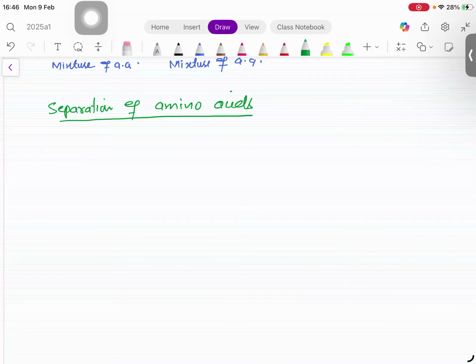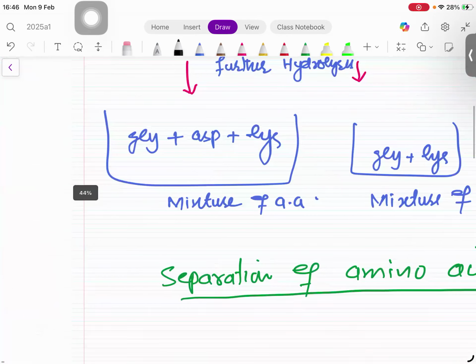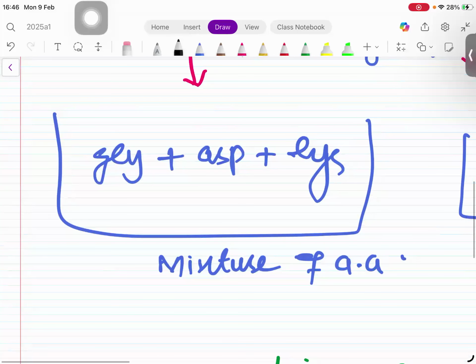Okay, separation of amino acids, please. Now, please pay attention. This is the mixture of amino acids, which we have to separate.